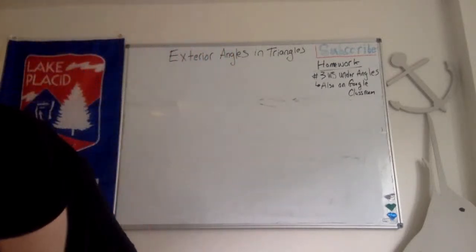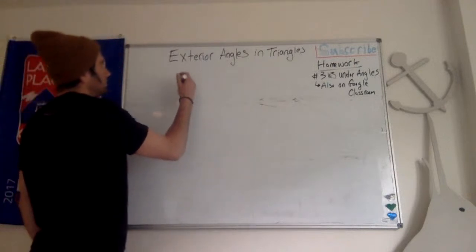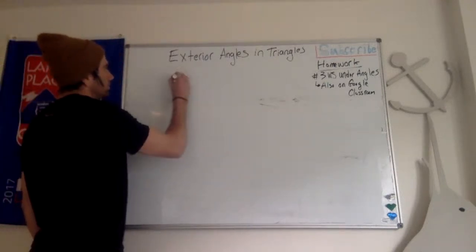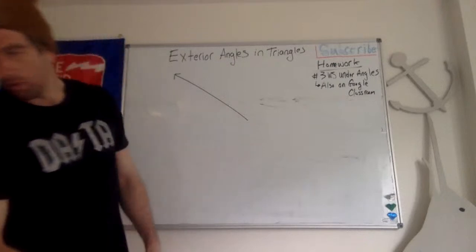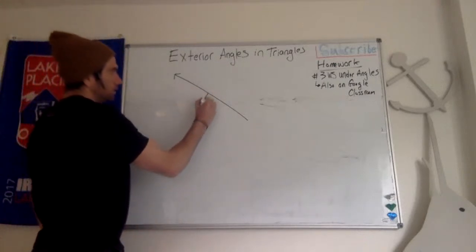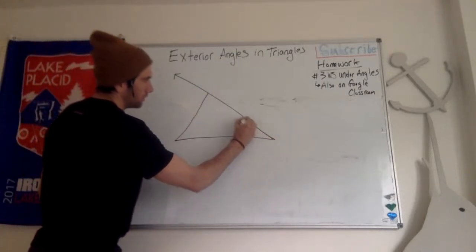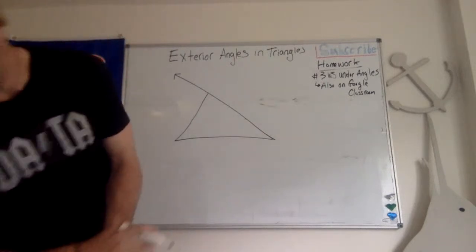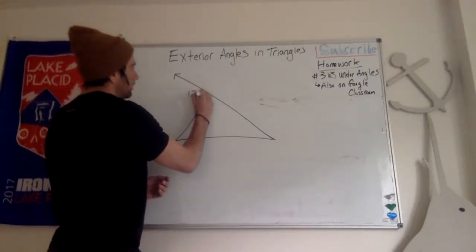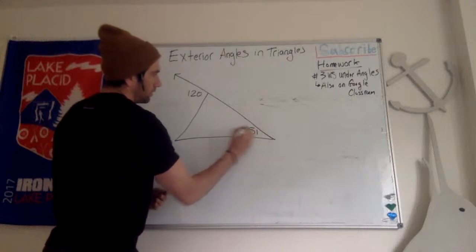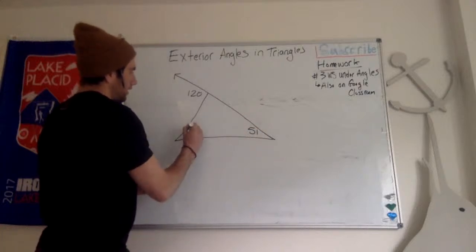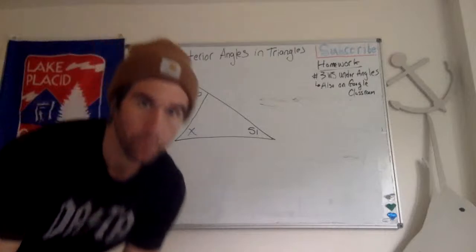We got this triangle. 51, 120. All right, I want to find this angle. Okay, here we go.